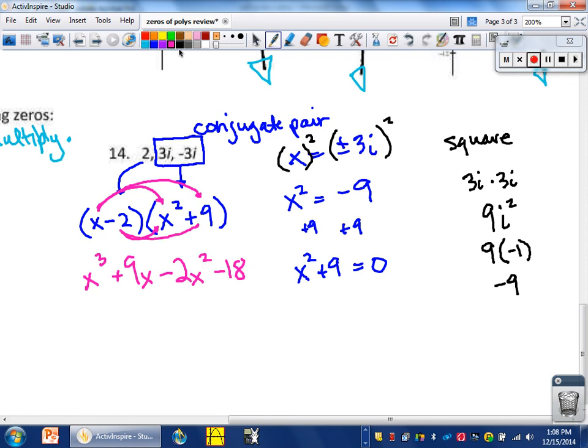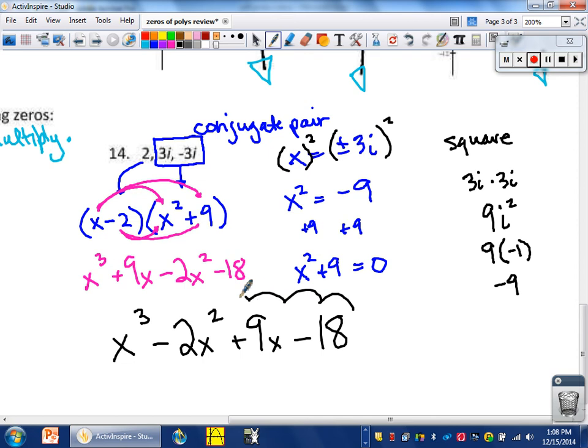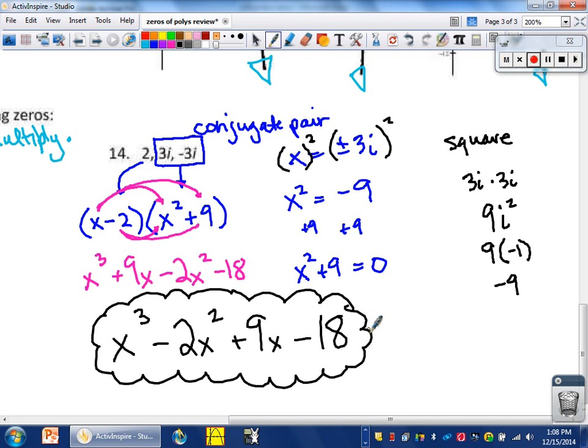Okay, the last thing to do is write it in descending order or standard form. x cubed minus 2x squared plus 9x minus 18. So once it's in standard descending order, you're done with your polynomial. This is the cubic that would give you these three answers. Okay, doke.